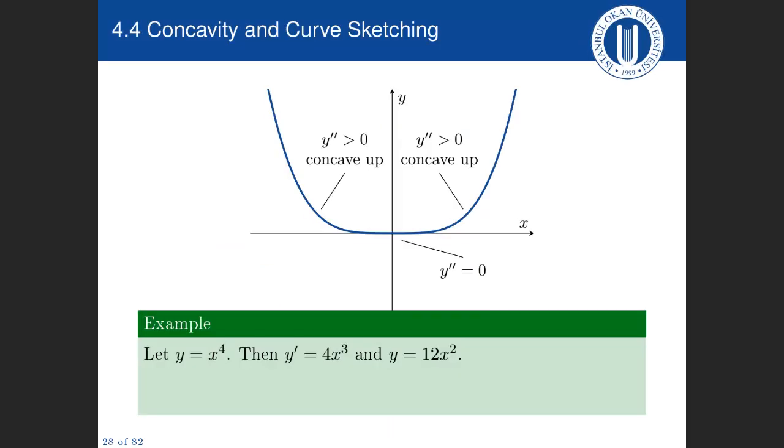Another example, y is equal to x to the power 4. Differentiate this 2 times, 12x squared. A typo here, this should be y double prime.